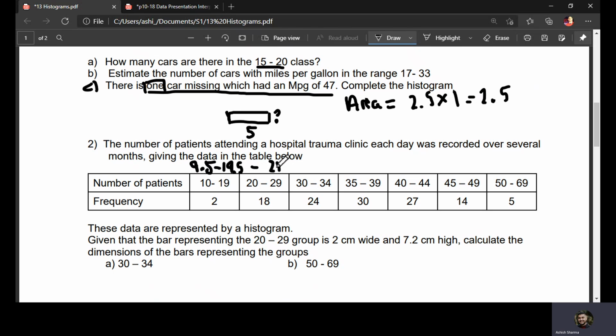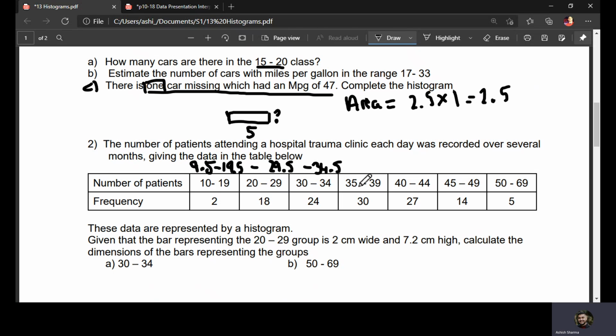We're not going to draw a histogram, but if we were to draw one, that's what we have to consider, the overlapping nature of that, because these are unequal at the moment. So 29.5 to 34.5, etc.